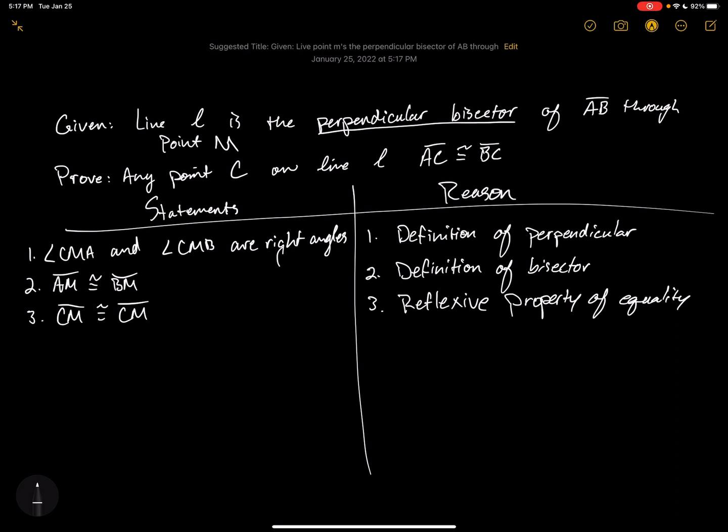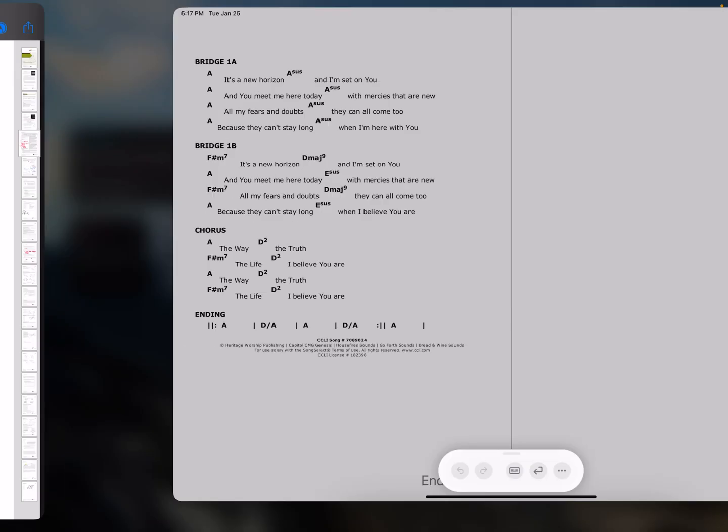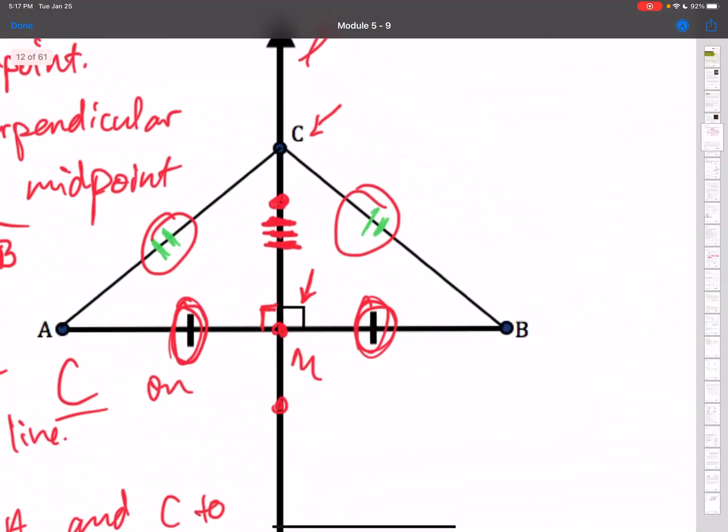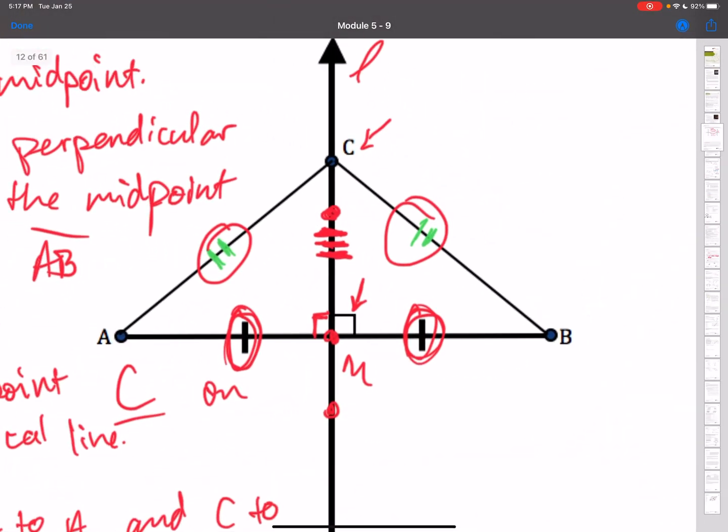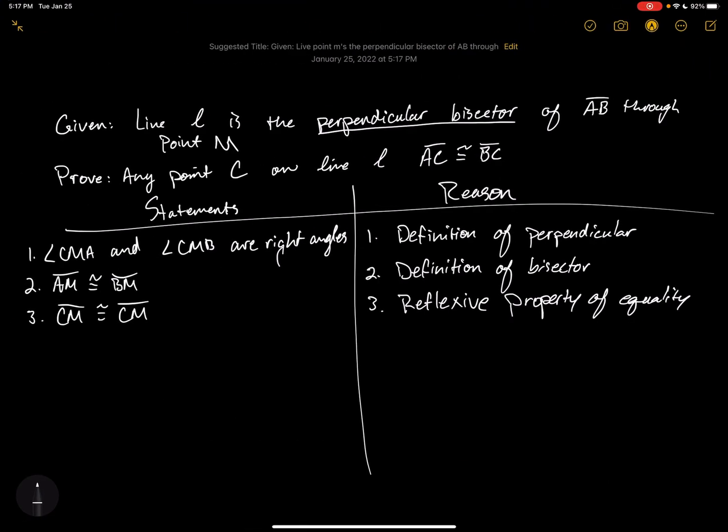Okay, now if we come back up here to our figure, we've now stated that AM is congruent to BM, we've stated that we have two right angles, and we've stated that CM is congruent to itself, which means we have that side angle side conjecture.